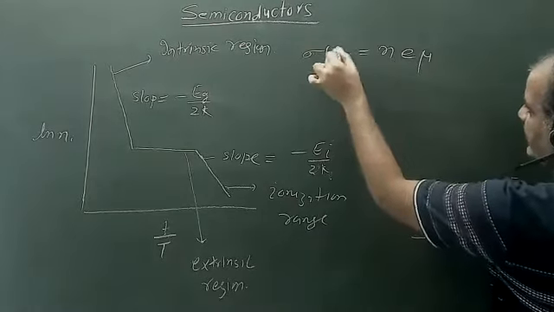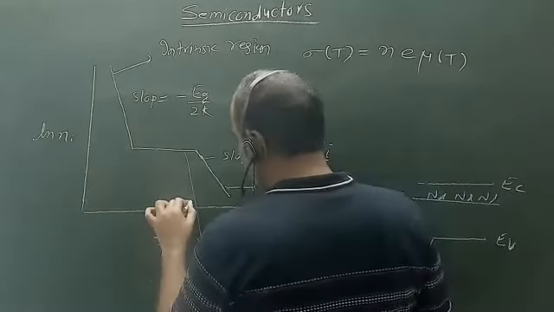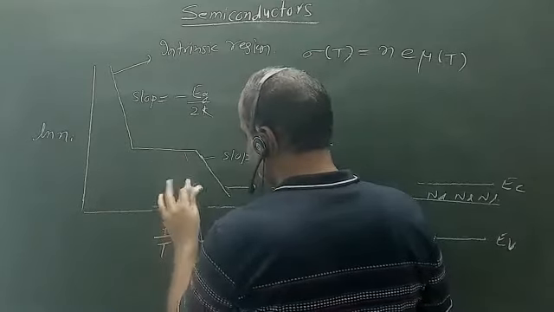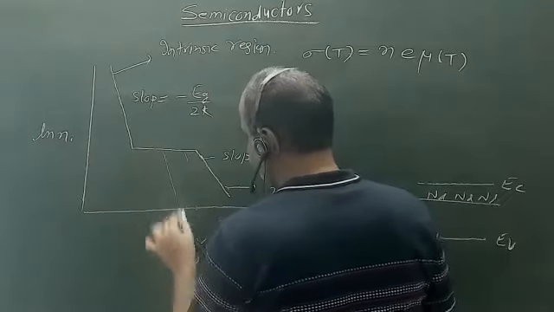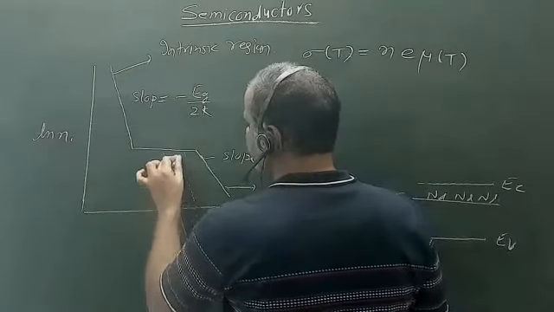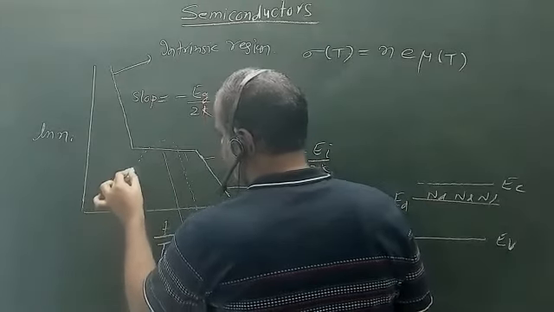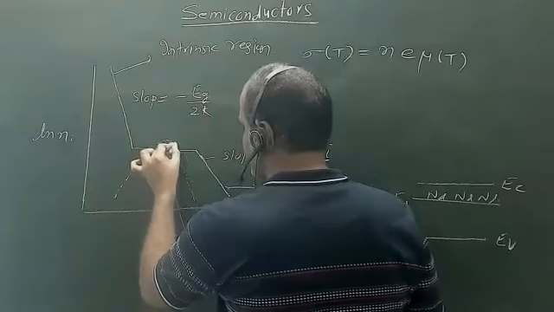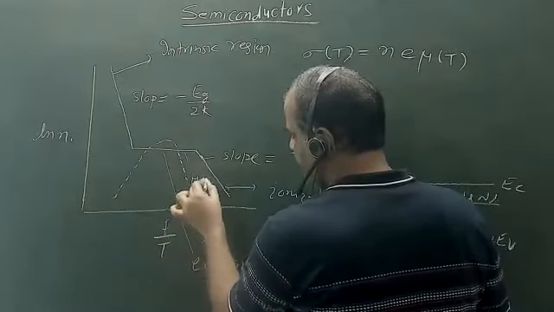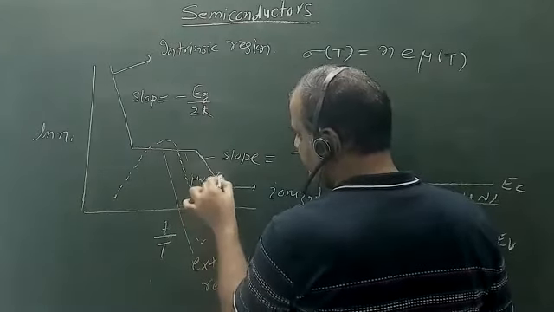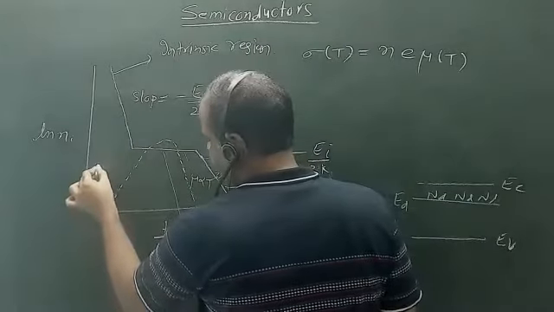Sigma is a function of T, and mobility mu is also a function of T. If I draw mobility, I know that at lower temperature my mobility increases with temperature, proportional to T to the power 3/2, and at high temperature my mobility decreases.